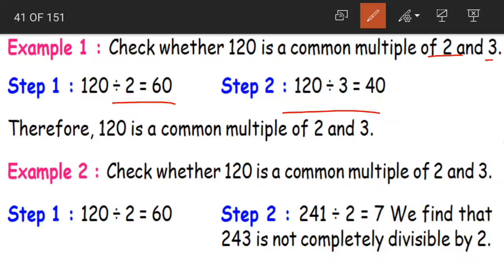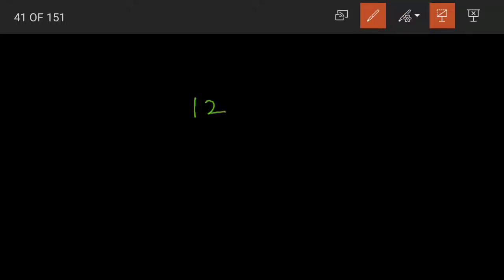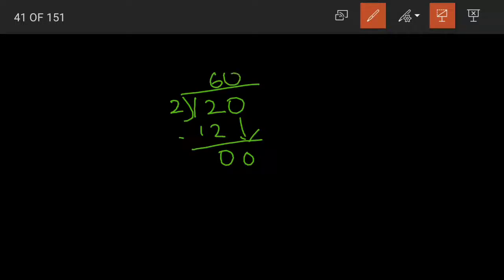Now suppose you get a question where you have to solve and show, then step 1 would be to divide 120 by 2. 120 divided by 2. 2 sixes are 12. When we subtract, 0 is remaining. 0 brought down. 2 zeros are 0.